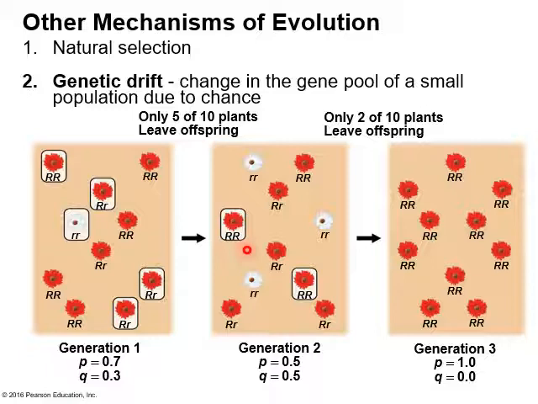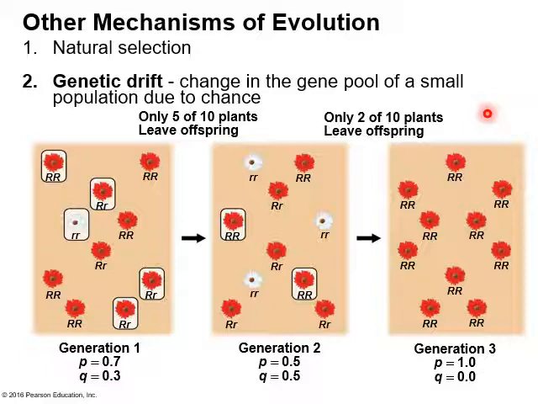Right? So we see a change in a population over time, but not one that is due to favorable traits and crappy traits. It really just had to do with random chance. So even though natural selection works to make living things as best suited for the environment as it possibly can, there's a lot of random chance involved.